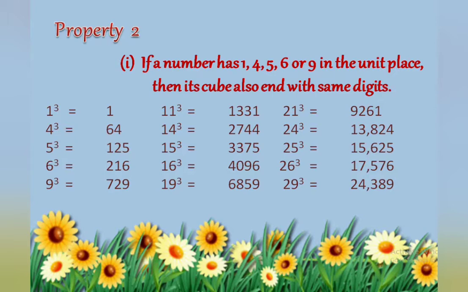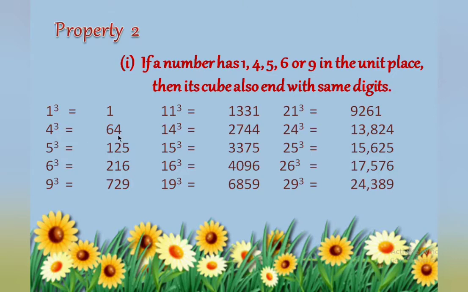The next is 21 cube. In 21, the unit place is 1 itself. And what about the cube? The cube is 9261, and the 1's place carries 1 itself. Let's check for 4. What is 4 cube? Yeah, 64.